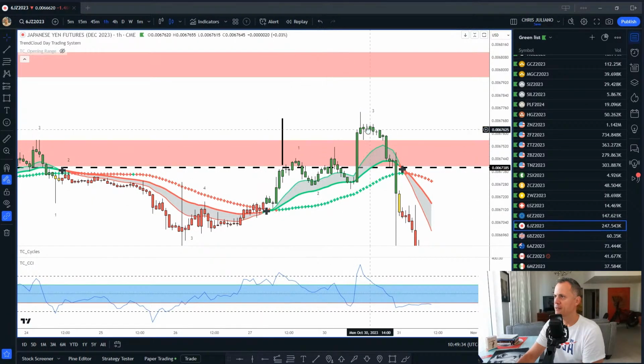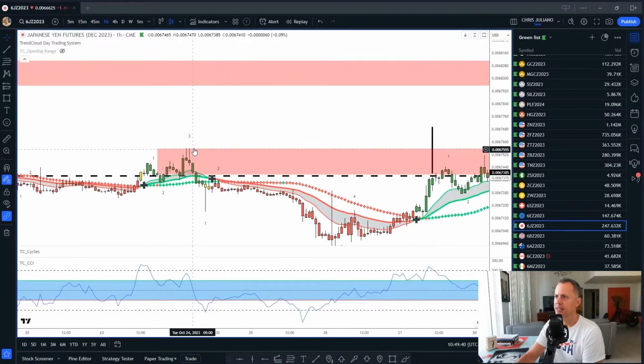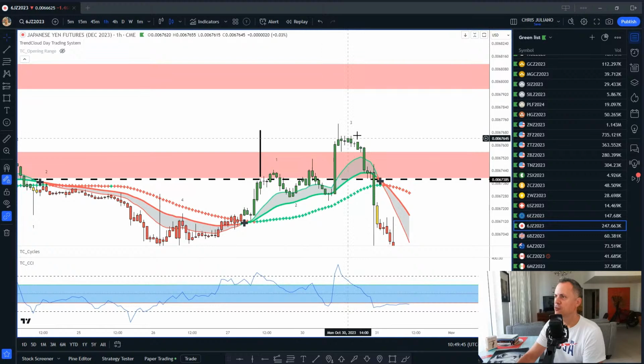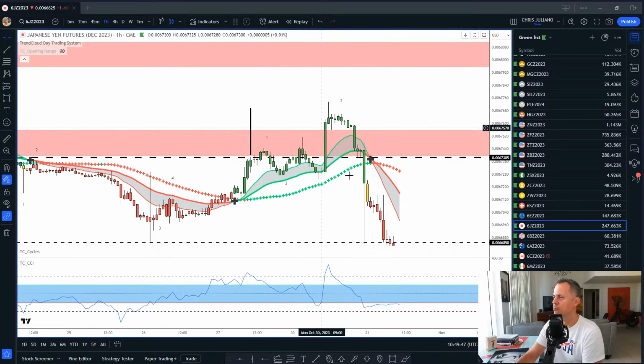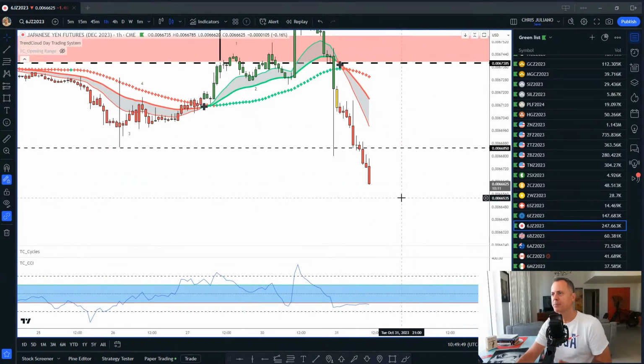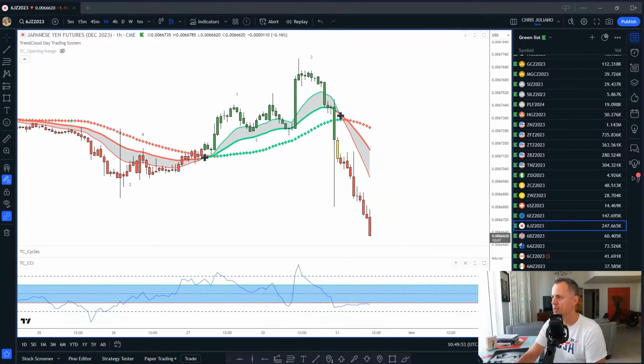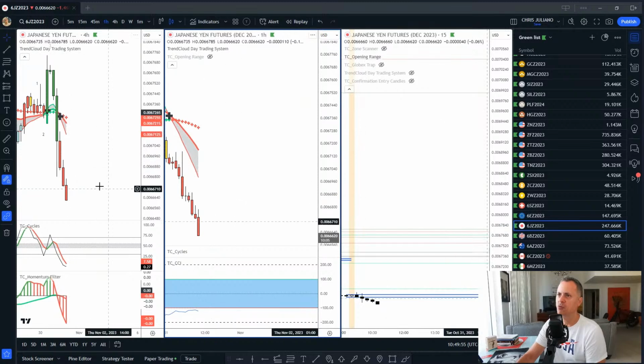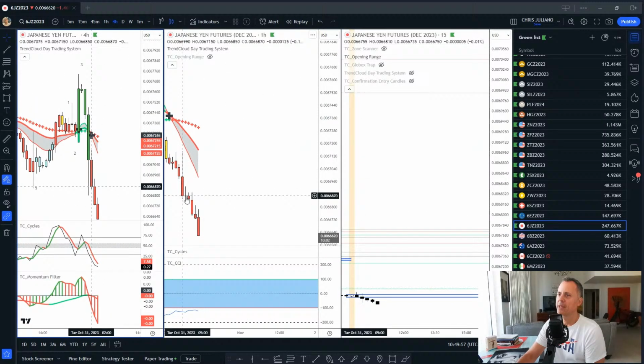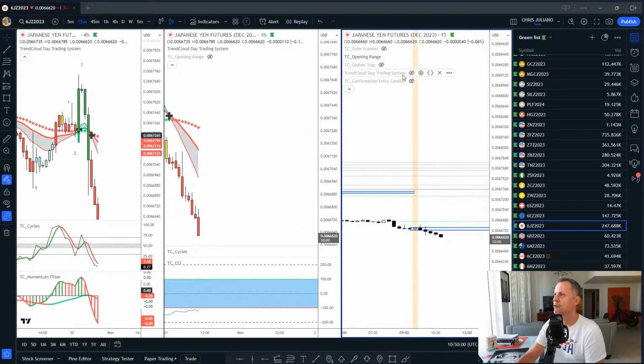It broke to the upside, and it did close above this high. So we've got a new structure high, and then it just ripped back to the downside. So you see, on the Japanese yen, they are selling the rips. And there it is. Take off that opening range. We don't need that.